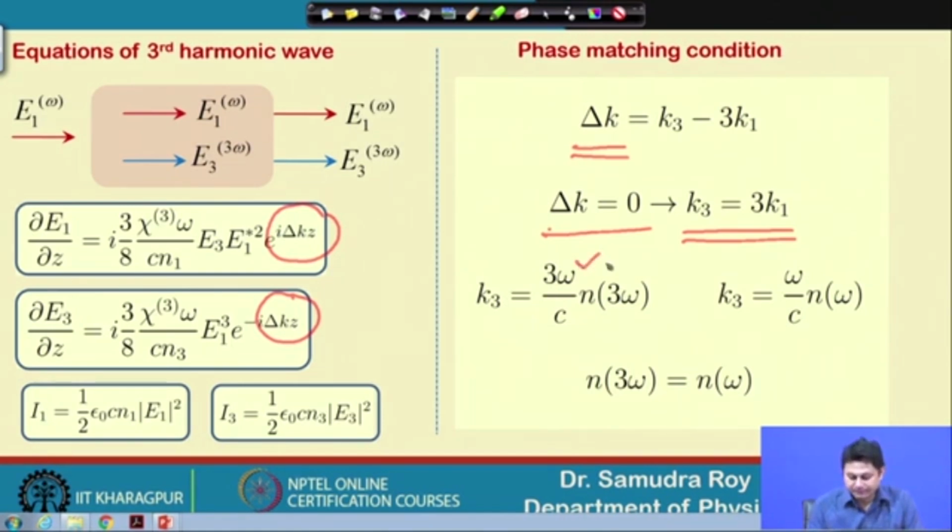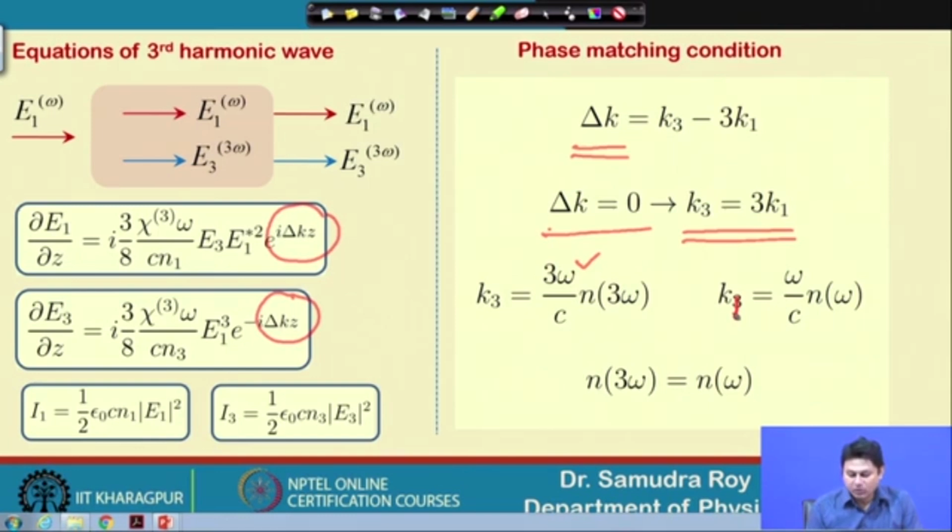In a similar way, k1, again a typing mistake here, it should be k1. So, k1 is omega divided by c, multiplied by n of omega. Omega is the frequency of the fundamental wave whose corresponding wave vector is k1, and n of omega is the refractive index at the frequency omega.